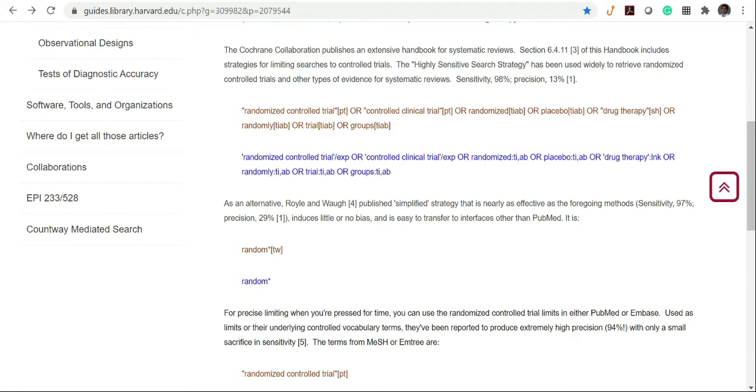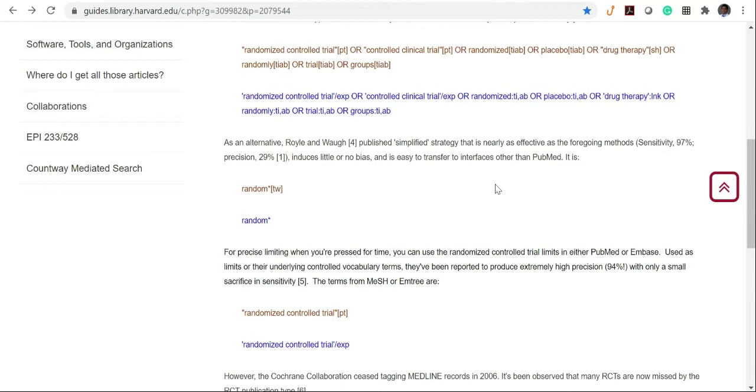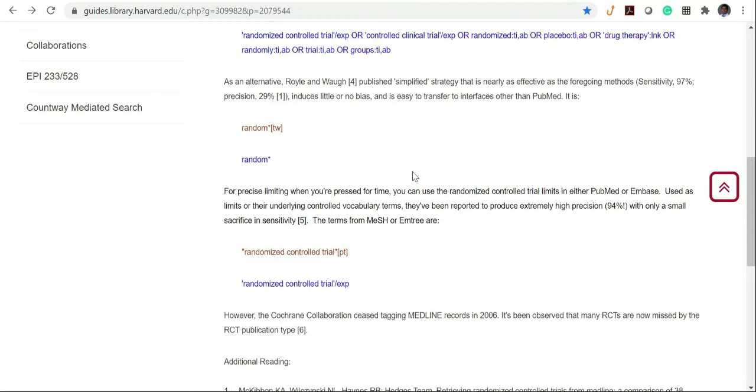And then there are other sources that have shown, even if you use just a search random with a star, meaning anything beyond random, it could be random, randomization, randomized, so anything that contains the word random at the start, if you do that particular search, you can still have a sensitivity of 97% and a precision of 29%. So the precision has increased much more even by doing this particular search.